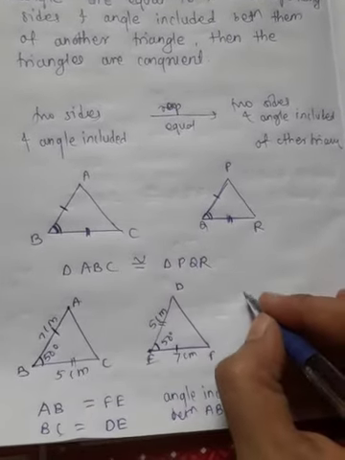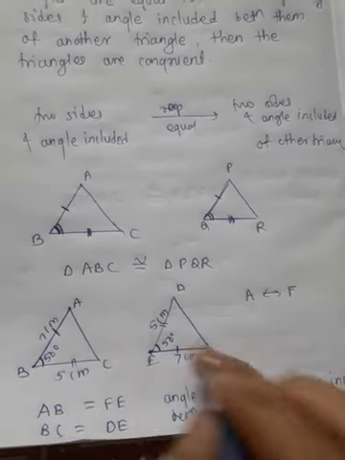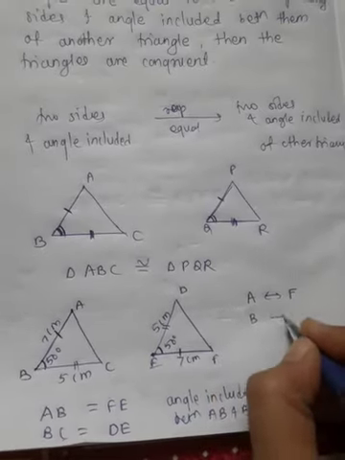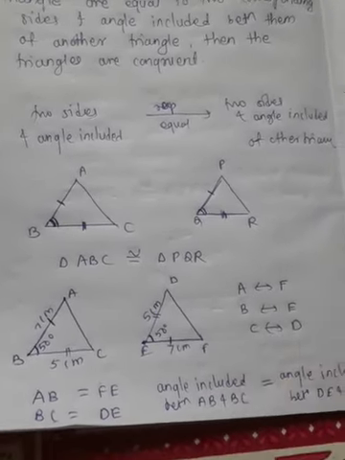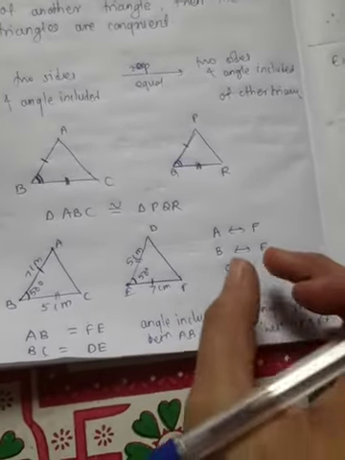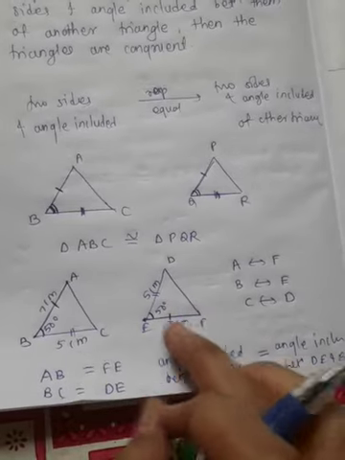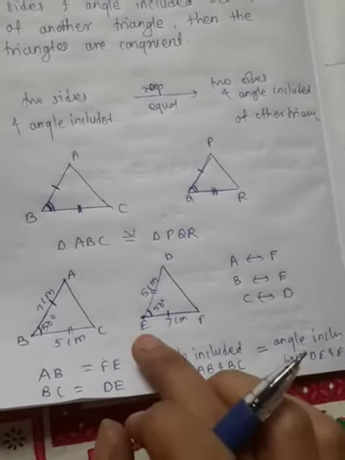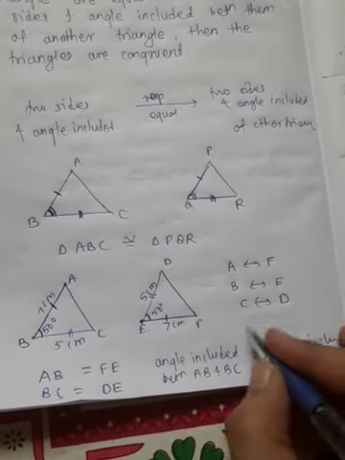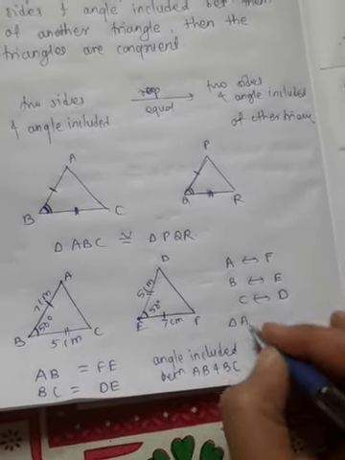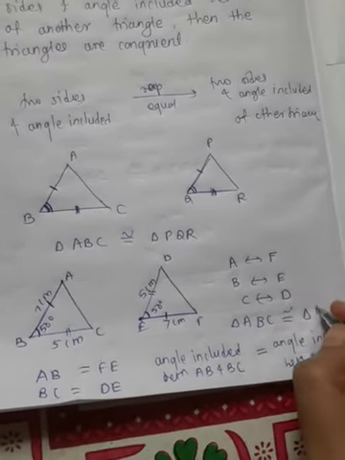So here see, A corresponds to F, B corresponds to E, and C corresponds to D. So here we can write triangle ABC is congruent to triangle FED.